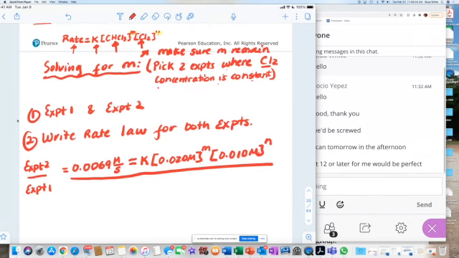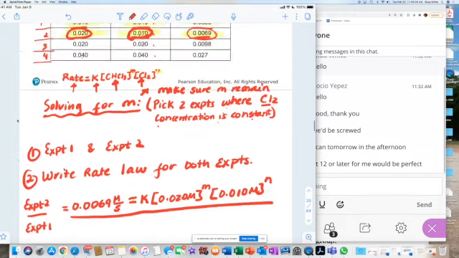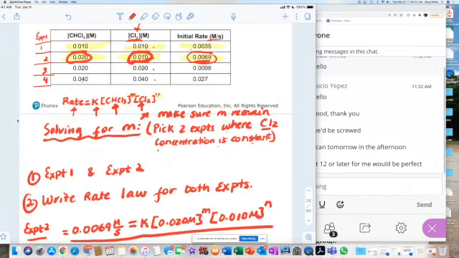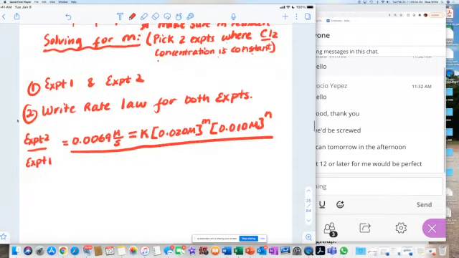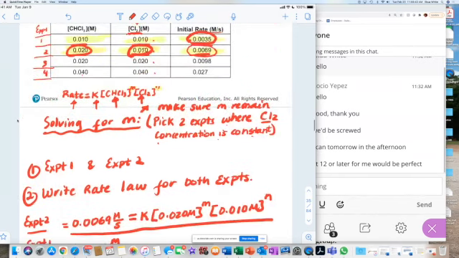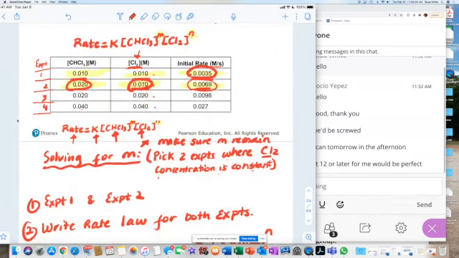Okay, that's my experiment 2 rate law. Now on the bottom part, I'm going to write my experiment 1 rate law. Experiment 1 rate law, I have 0.0035 big M over s equal, again, I don't have k. You never have k. I shouldn't say never.